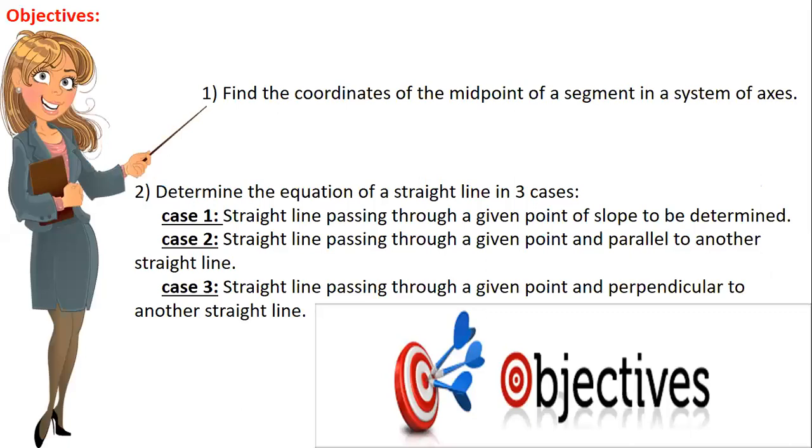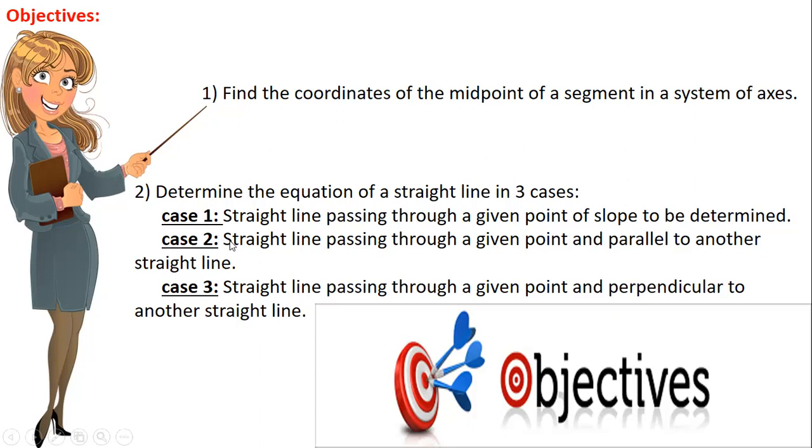The objectives of our lesson: number 1, we will learn how to find the coordinates of the midpoint of a segment in a system of axes. Objective number 2, determine the equation of a straight line in 3 cases. Case 1, we will learn how to determine the equation of a straight line passing through a given point of slope to be determined.